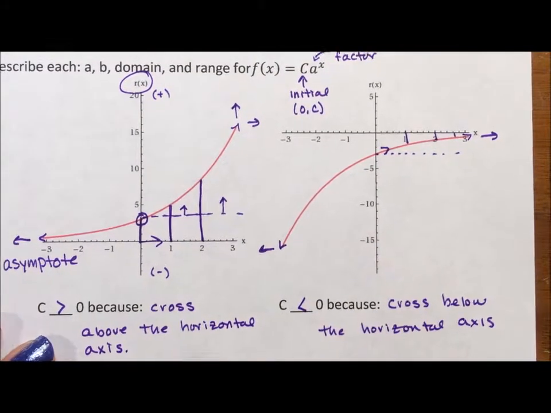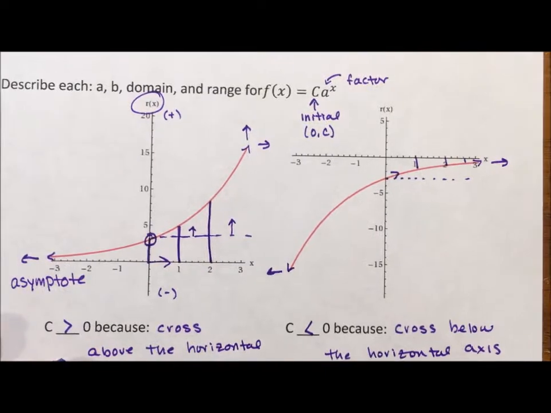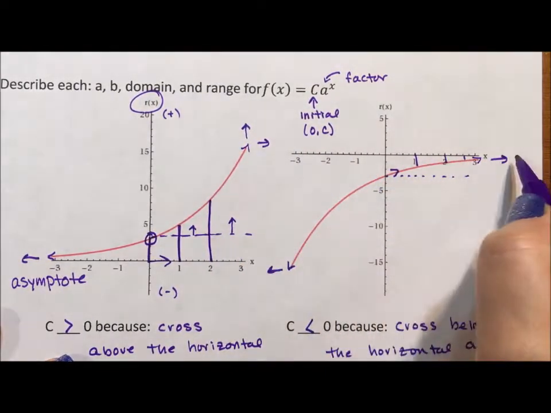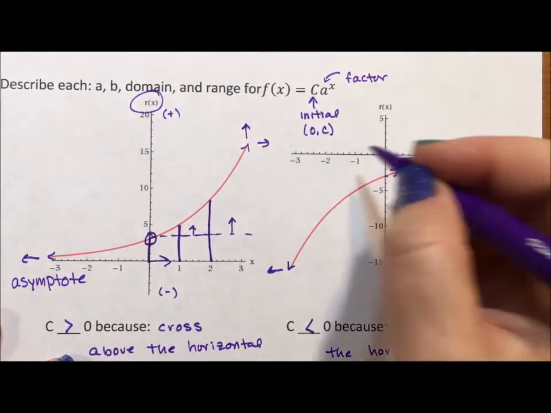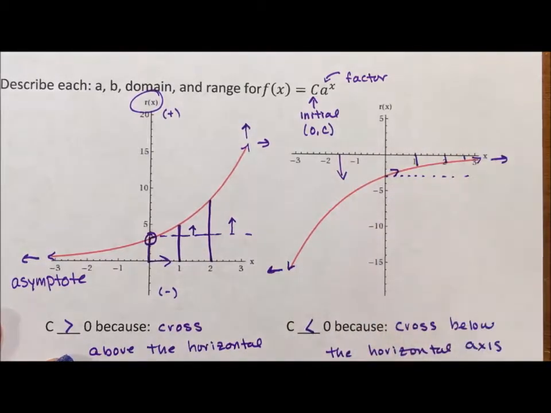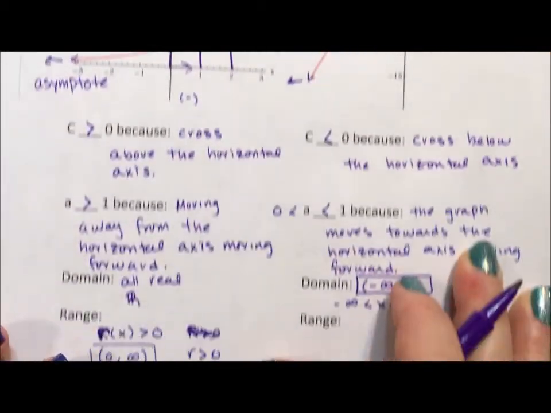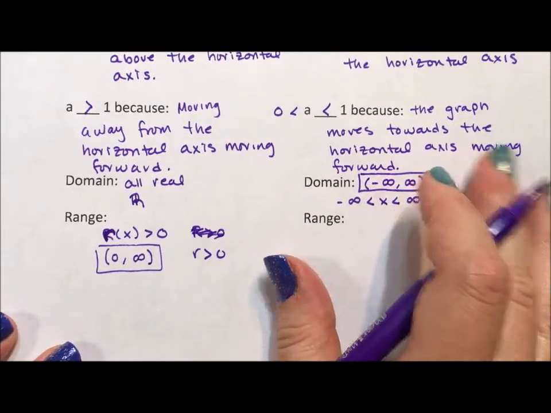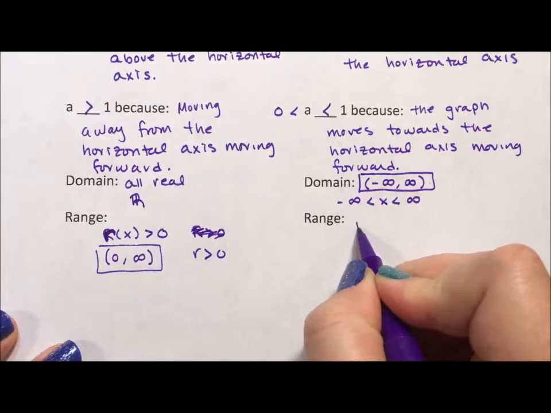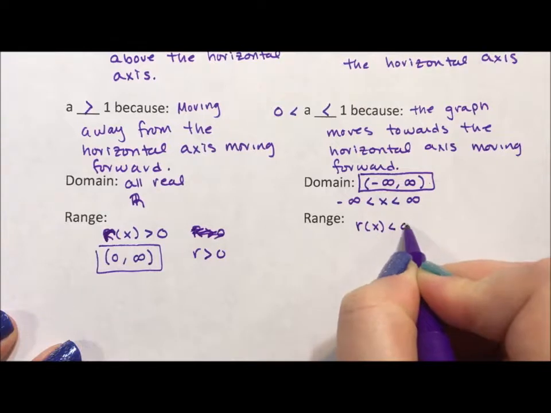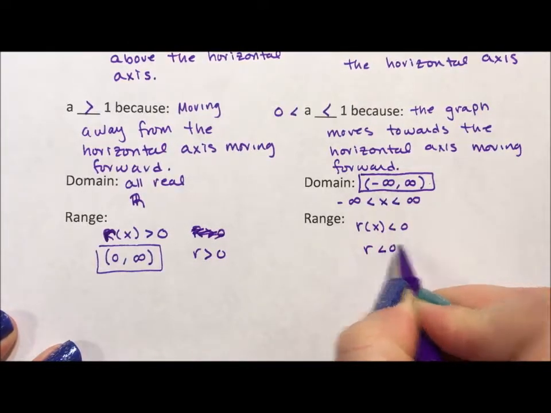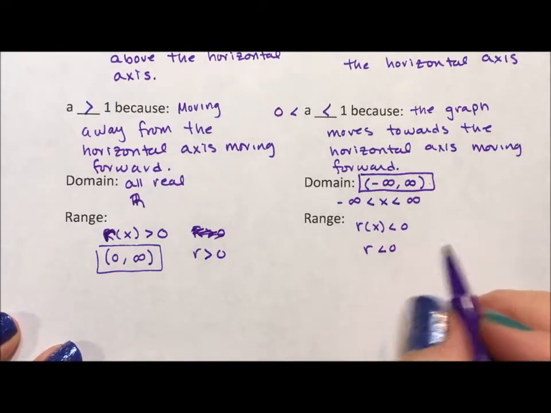Okay, and then for this next one for our range, again, we have this asymptote, this barrier we can't cross, but we're going down from there. So here's where the biggest mistakes are happening, so pay attention. In this case, we either have r of x is less than 0, r is less than 0, or again, I like interval notation.